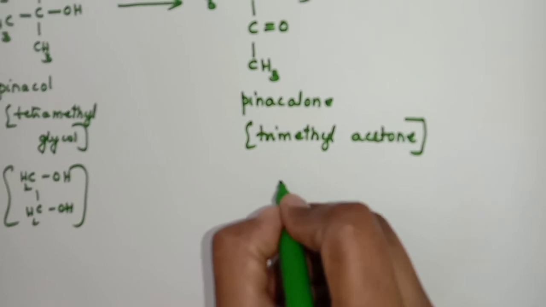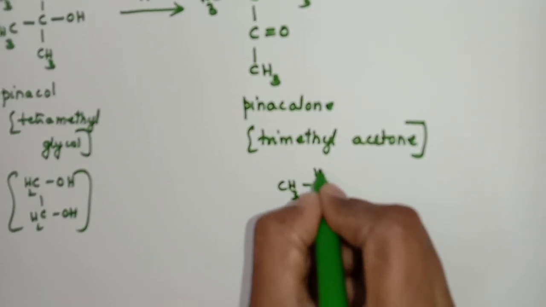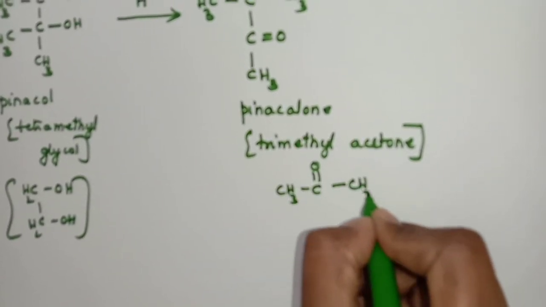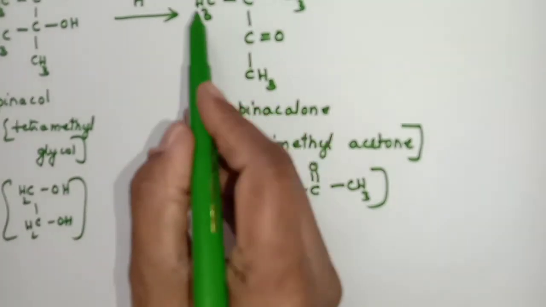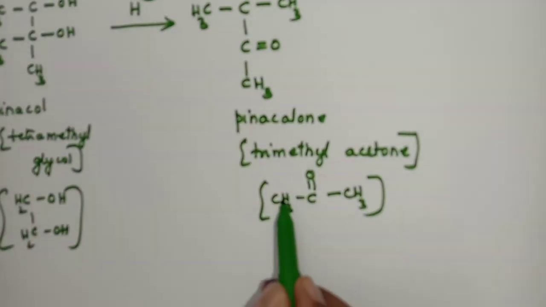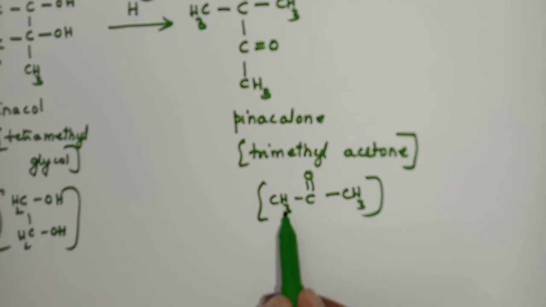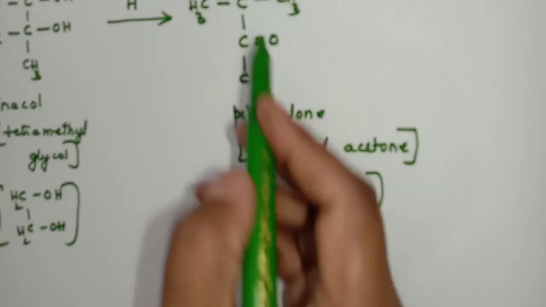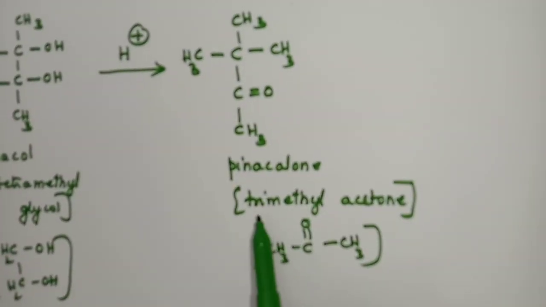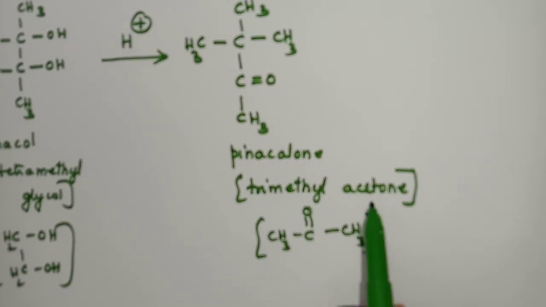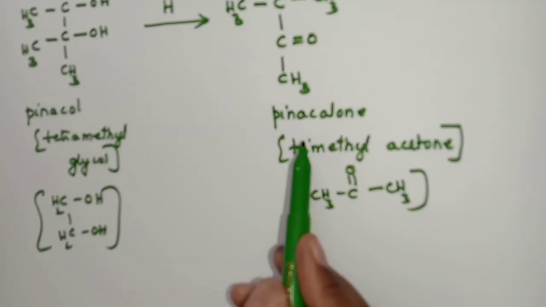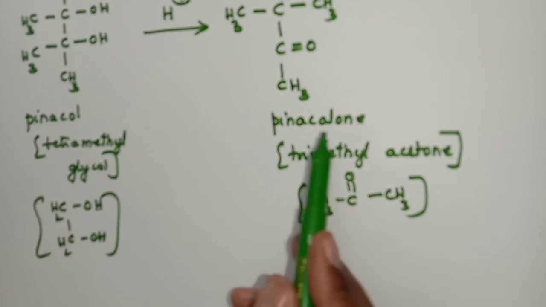You know acetone, right? CH3, C double bond O, CH3. So, trimethyl acetone. One carbon, there are 3 hydrogens. In the place of these 3 hydrogens, there will be 3 methyl groups, hence it is called trimethyl acetone. This is the rearrangement of pinacol to pinacolone.